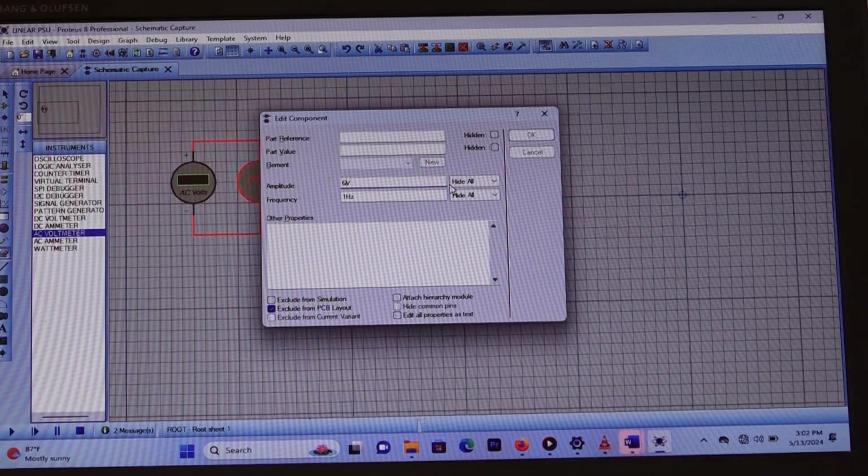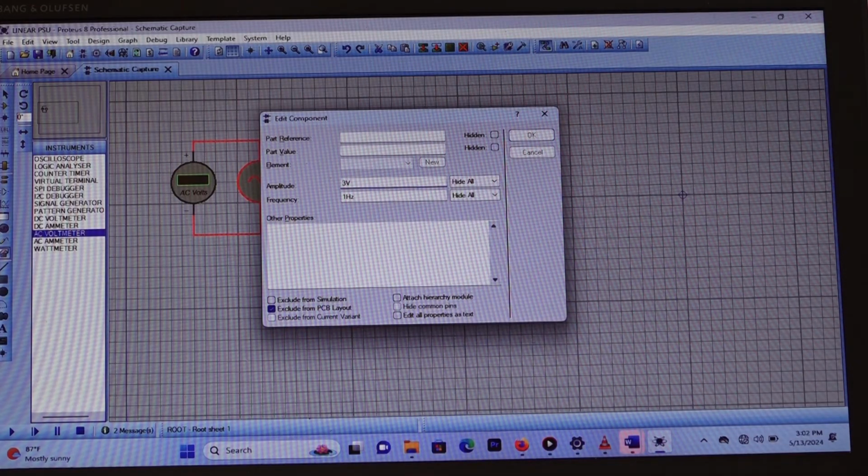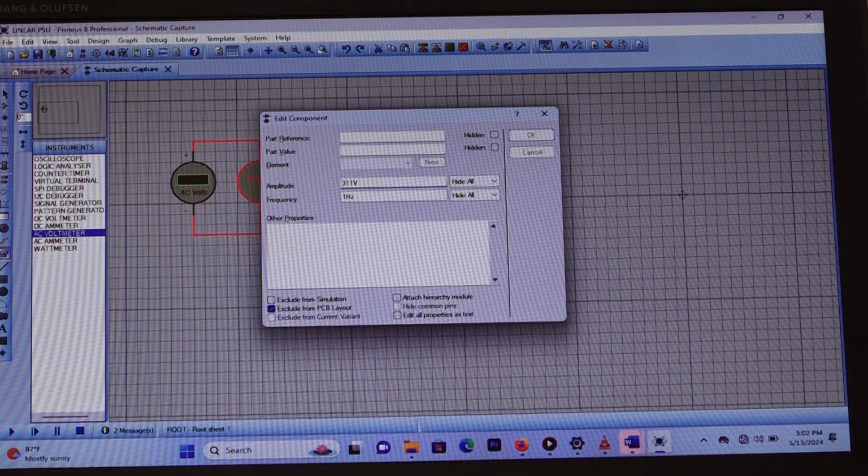What maximum voltage do we have to enter there to get 220 volt? You forgot. 311. We want to get 220 volt root mean square voltage.